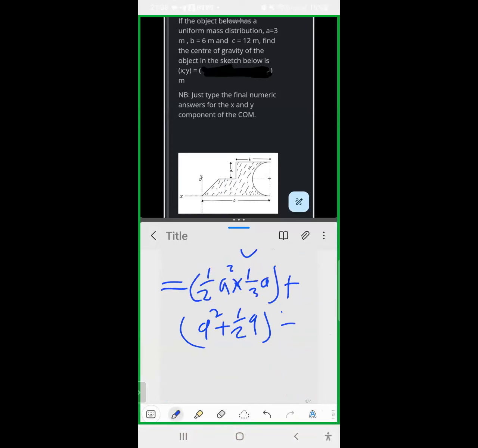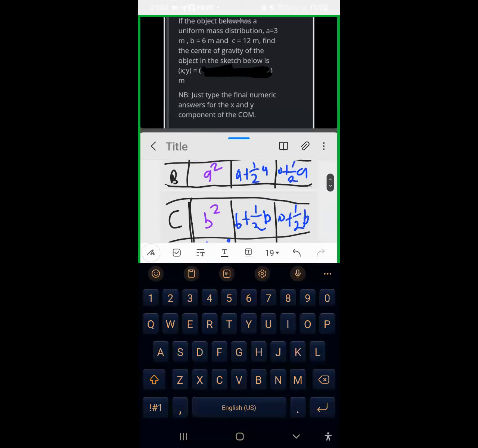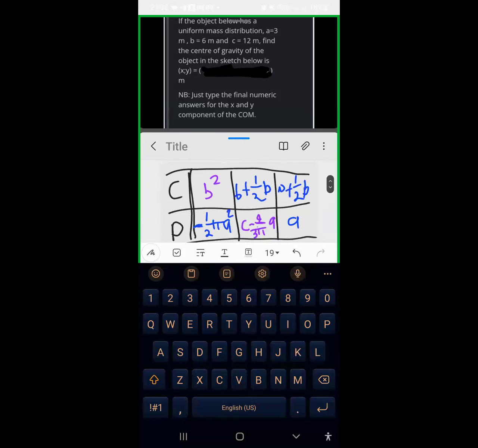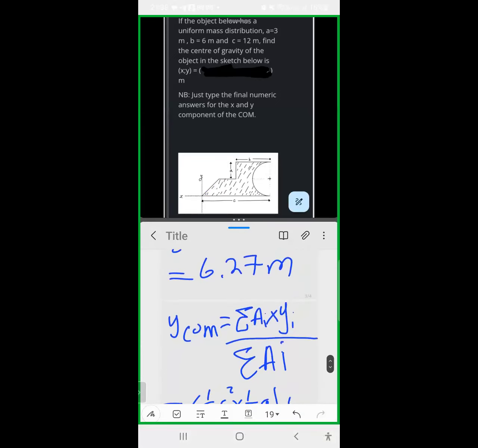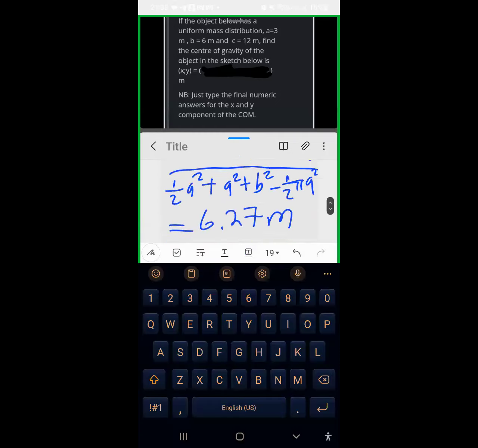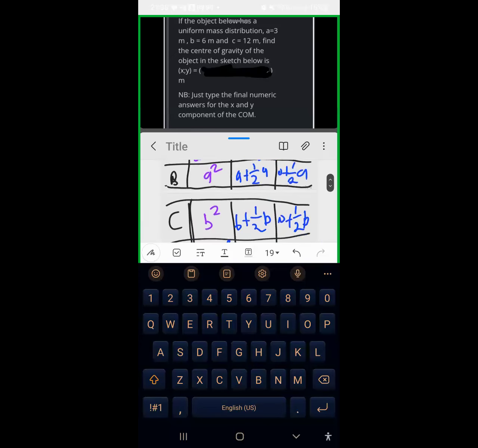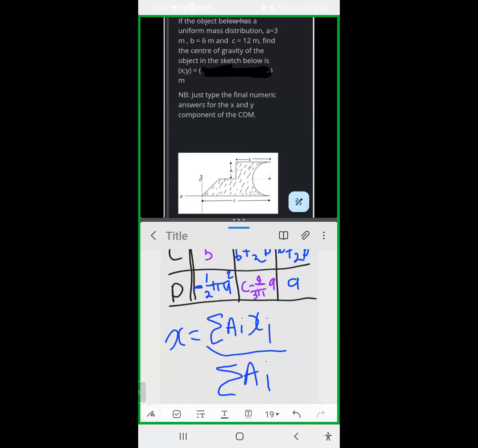And then the third shape, which is also a square, we multiply b squared by 1 over 2b. And then plus the last one, it's a semicircle, so that will be minus half pi a squared multiplied by a.